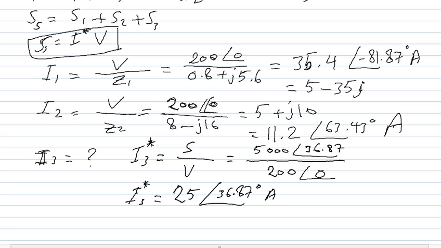But this is the conjugate of the current. It means that the current I3 is the same magnitude but with opposite angle. The conjugate always has the opposite angle of the original one.